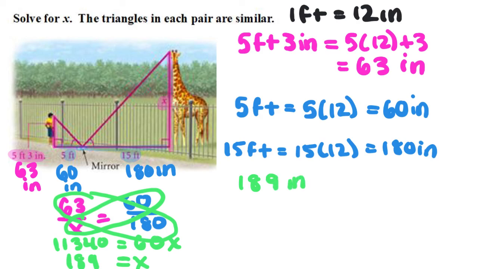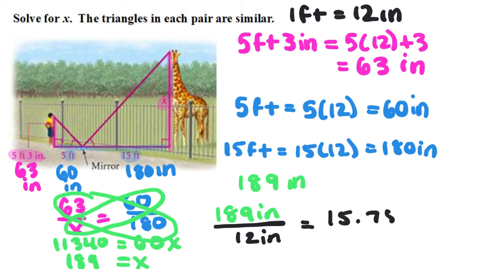Now if I wanted to change this to feet, what I could say is I could take the 189 inches and divide it by the 12 inches per foot, and that gives you 15.75 feet. And we know that 0.75 times 12 means that I get 9.